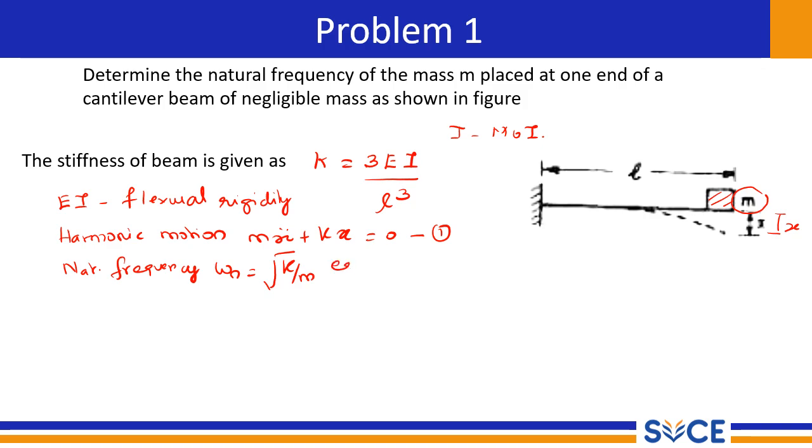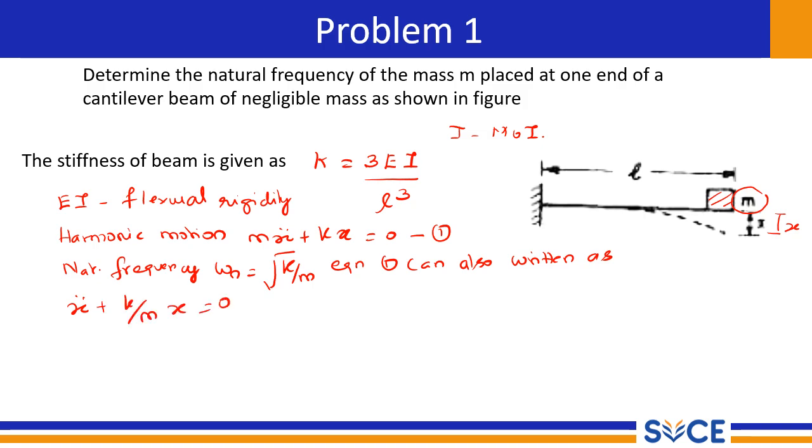Equation 1 can also be written as x double dot plus k divided by m, x equal to 0.